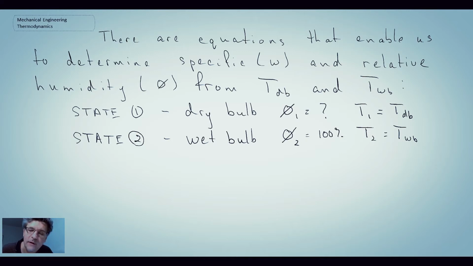What I will now do is give you the equations that you can use to determine both the specific humidity as well as the relative humidity.